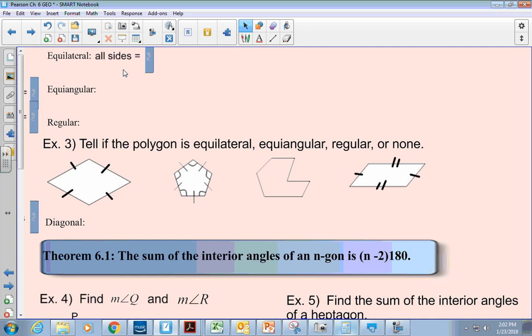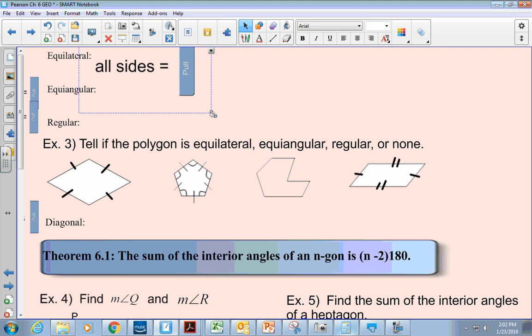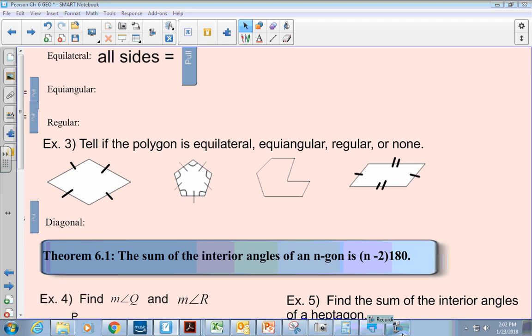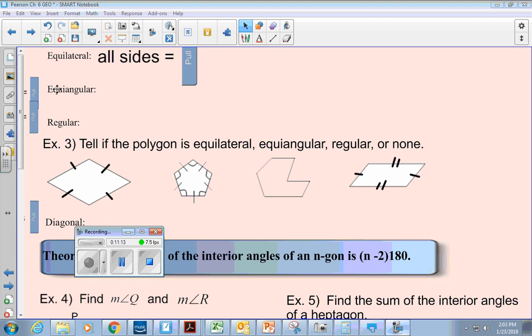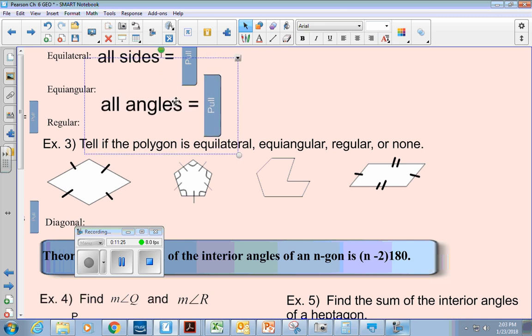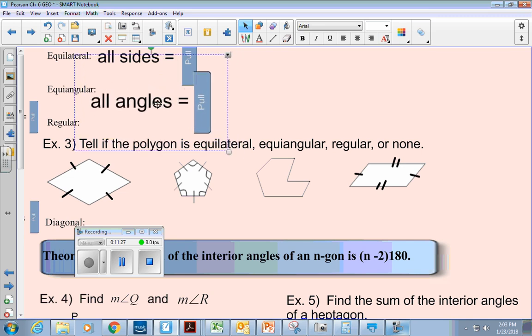Equiangular, angular means angles, equi means equal. So equiangular means all angles are equal.